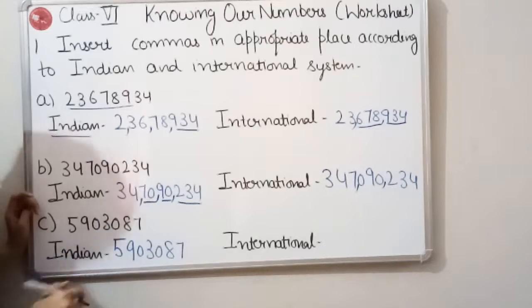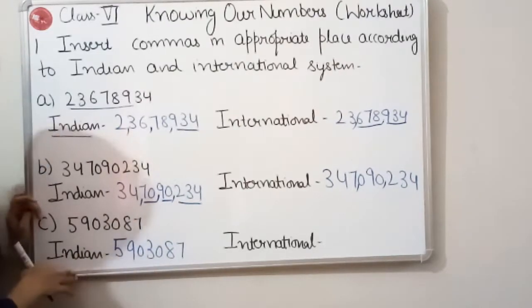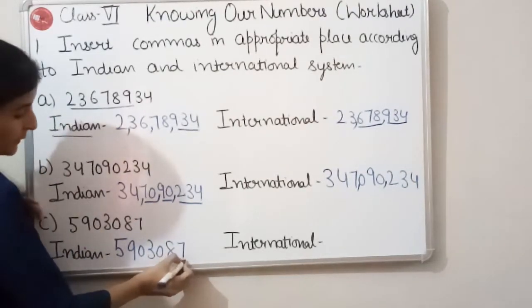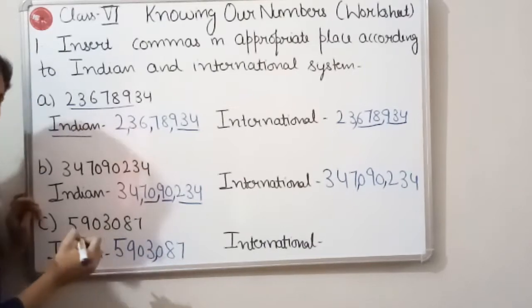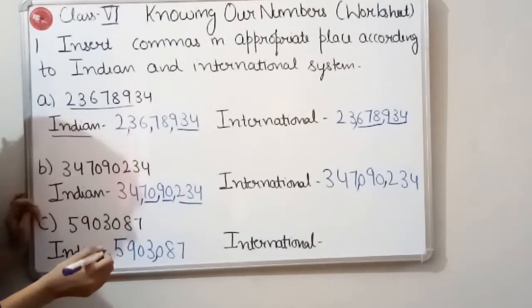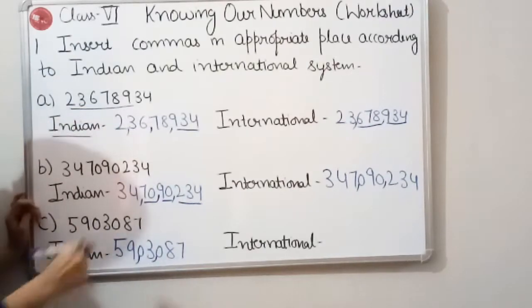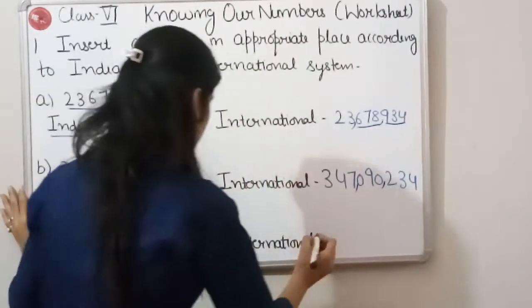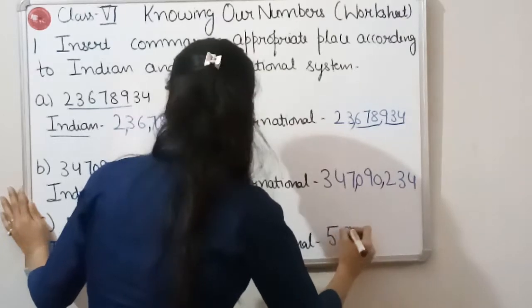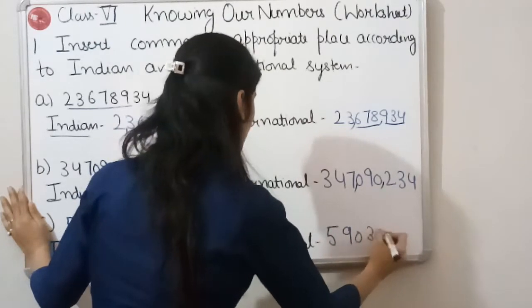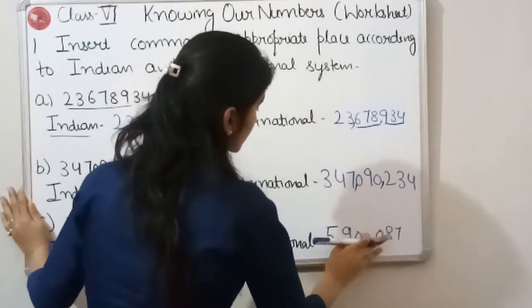Now we have to put commas. Firstly we will put a comma after leaving 3 places, then after leaving 2 places. Now let's come to the international number system. 590308.